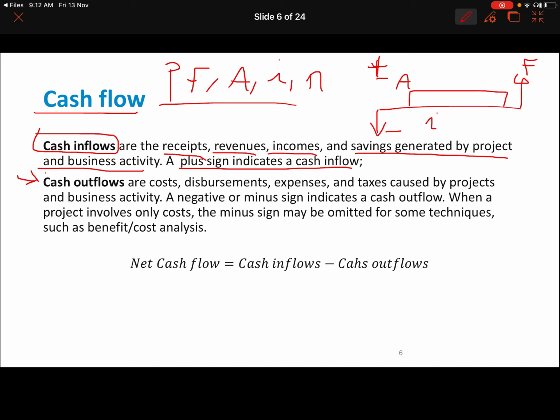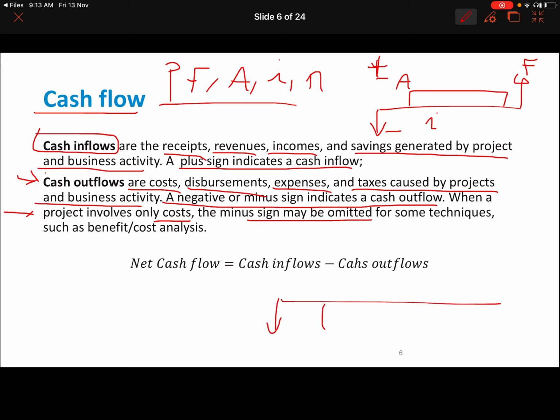Cash outflow is the negative side, which are costs, disbursements, expenses, and taxes caused by the project and business activity. A negative or minus sign indicates a cash outflow. When a project involves only costs, the minus may be omitted. So if the whole project is like this, we don't need to say this is a minus cash flow because we understand these are costs.